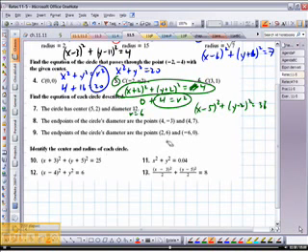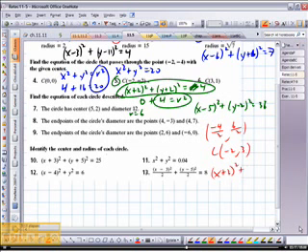If we have the endpoints of the diameter, we can find the center by using the midpoint formula. You add the x's, so 2 plus negative 6 is negative 4, divided by 2. Add the y's, 6 plus 0 is 6, divided by 2. So our center is at negative 2 comma 3. So it's going to be x plus 2 squared plus y minus 3 squared is equal to r squared.